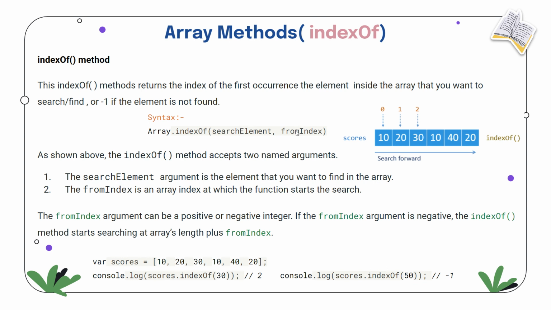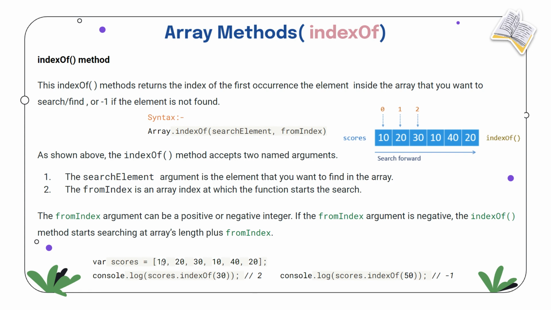So we just pass array dot indexOf and whatever element you want to search inside that array. You can see here we have an array, score, which has 10, 20, 30, 10, 40, 20, and we are trying to search 30.